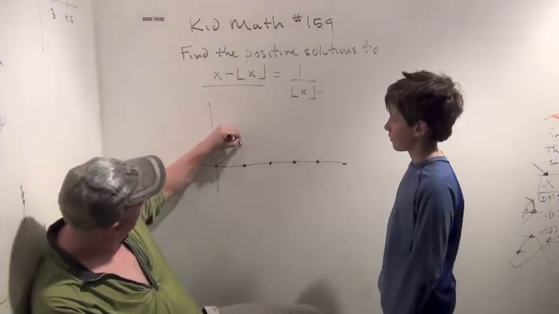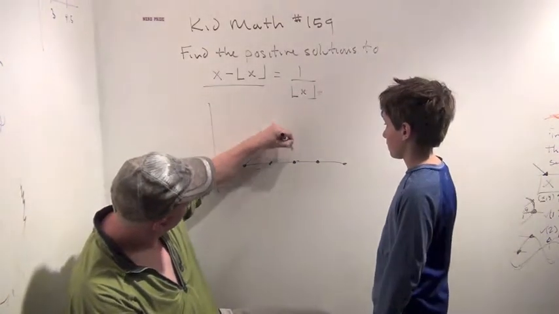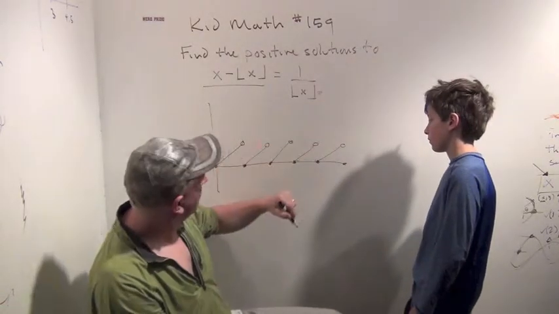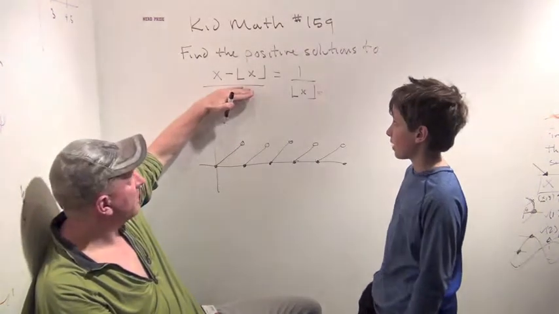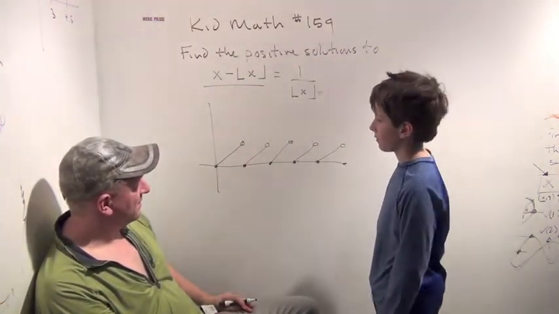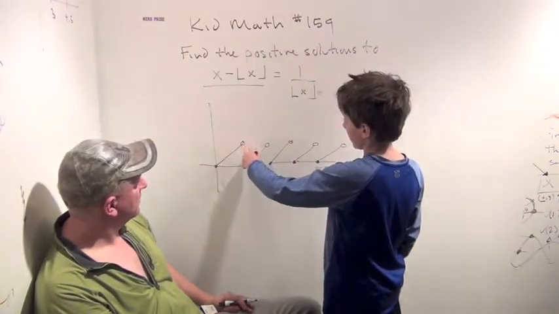It went up to 1, but it didn't ever hit 1. I'm sorry, I'm not drawing it very well. How could we see that x minus the floor of x never gets to 1? When it's 1, it's back down to 0, because you hit an integer.